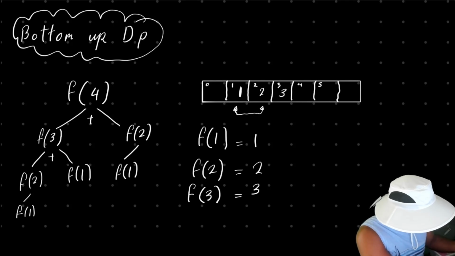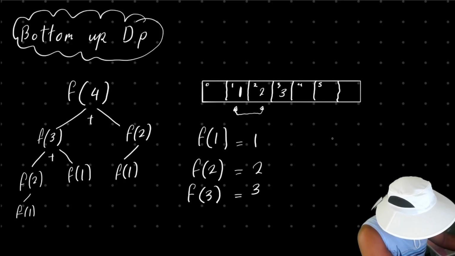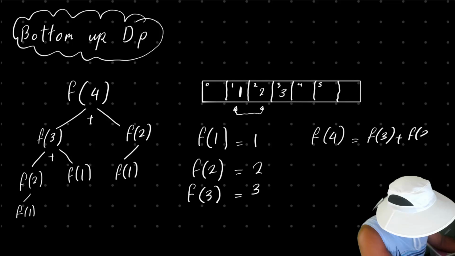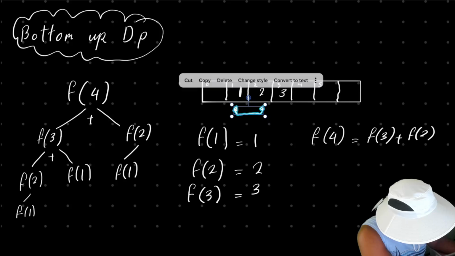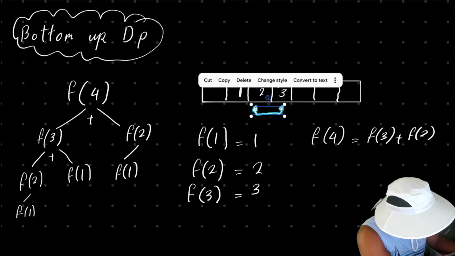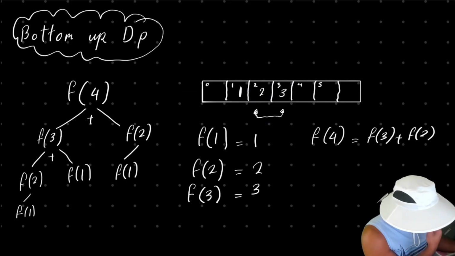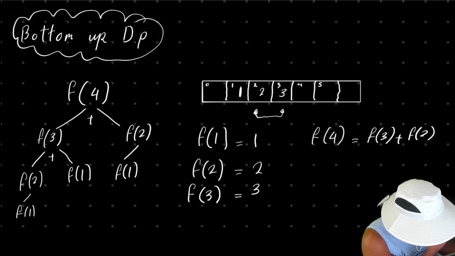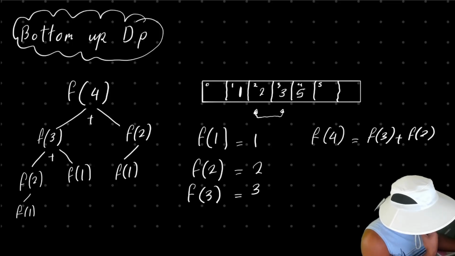What if I do f of 4? Well, it will be f of 3 plus f of 2, which I do have. I have both of them. So all I have to do is take my pointers and shift them 1 step to the right. So f of 3 plus f of 2, 3 plus 2 is 5.